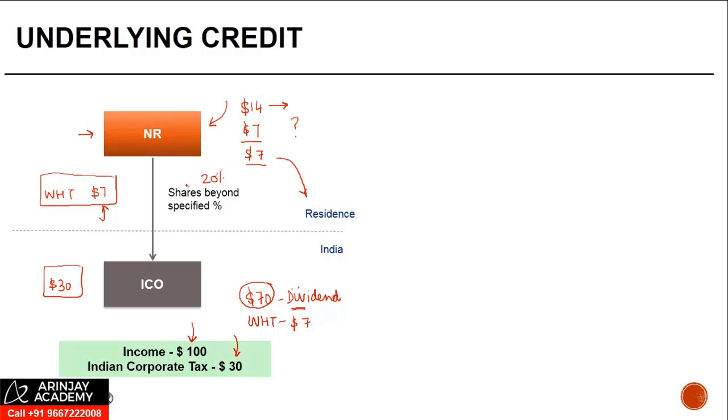The second situation, where the non-resident is entitled to the credit of 30 plus 7, $37, is known as the underlying credit. Underlying credit means the taxes which have been paid on the underlying income out of which such dividend has been declared are also considered as tax paid by the non-resident.